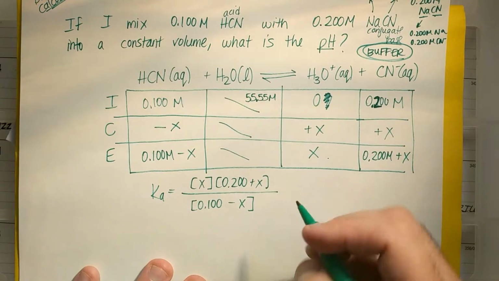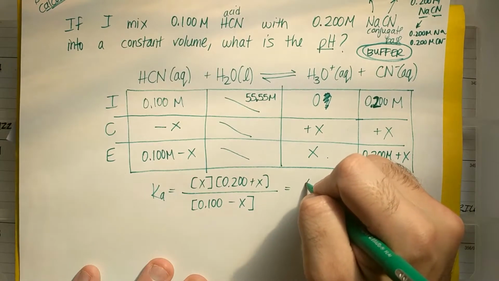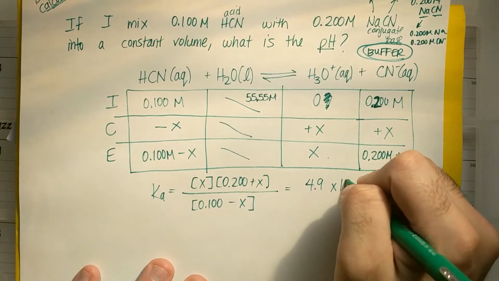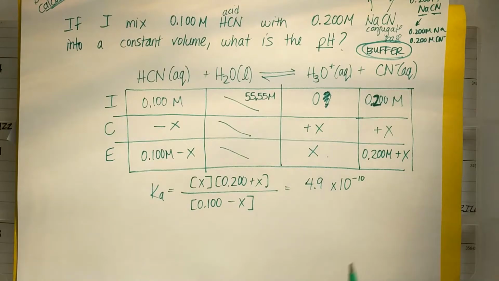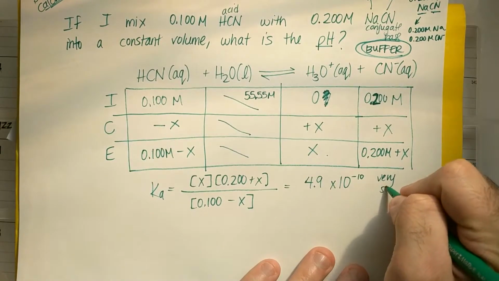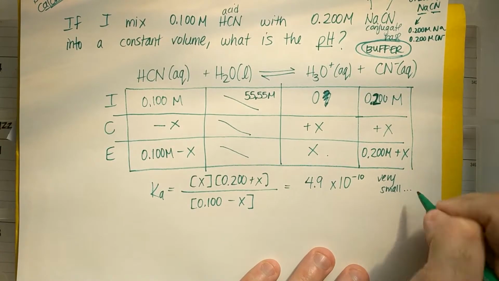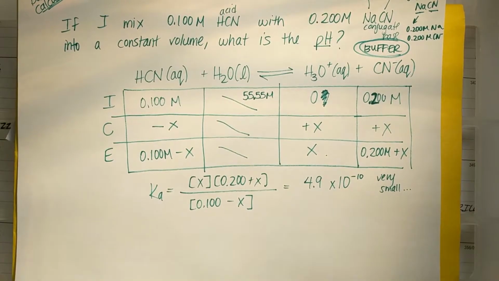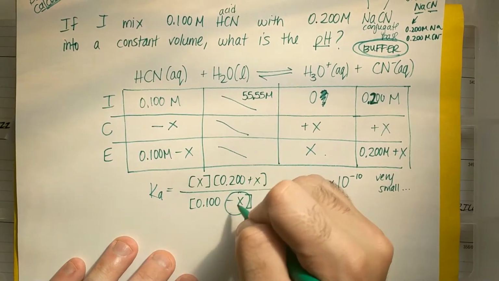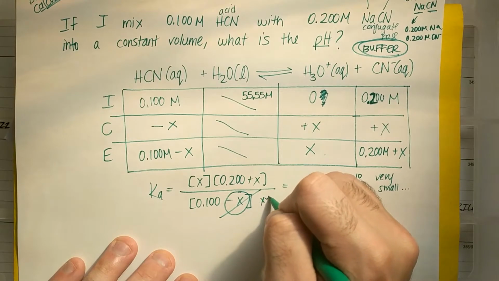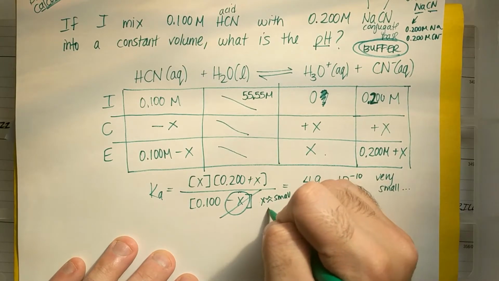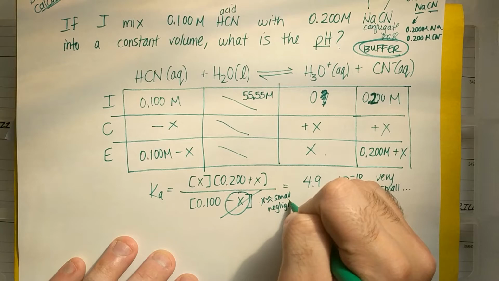So now this is equal to 4.9 times 10 to the minus 10th. That is a very small Ka, huh? So what can I do? Well, I know that this x can be assumed to be small, that it's negligible.